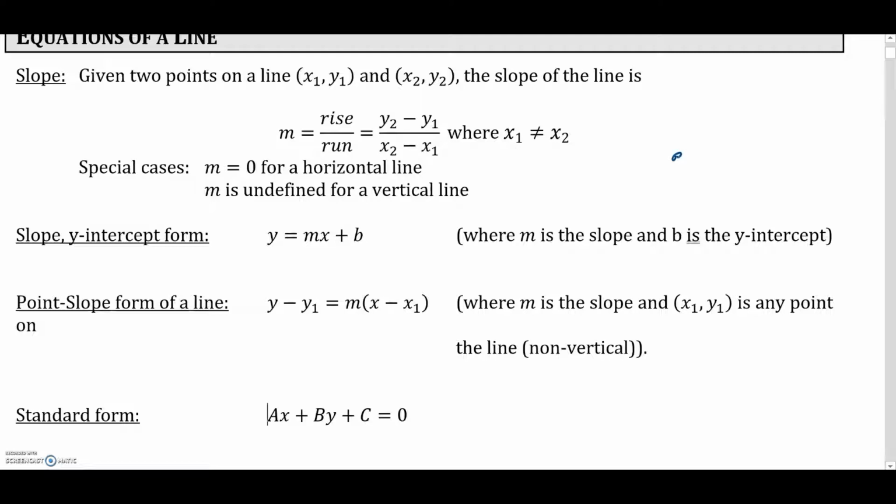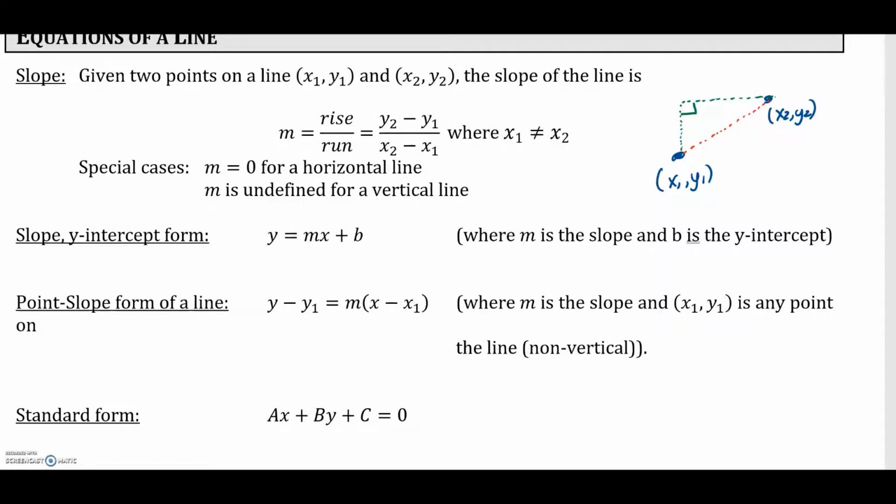Remember that we can visualize this. Taking any 2 points, x1, y1, x2, y2, the slope describes the rate of change between those 2 points, and we can break it down into horizontal components as well as vertical components, where this would be a right angle.